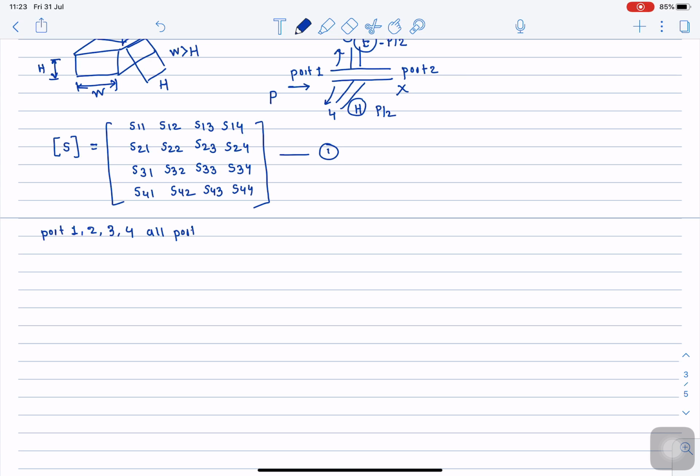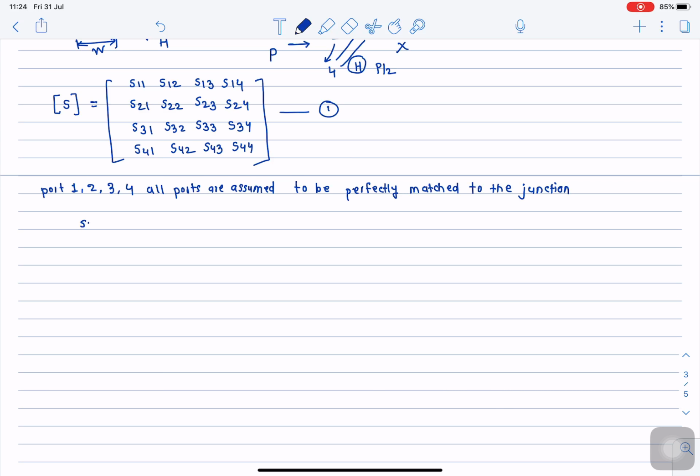If we assume this condition, then if all 4 ports are perfectly matched to the junction, we can write S11 is equal to S22 is equal to S33 is equal to S44 is equal to 0. Reflections are 0, right?